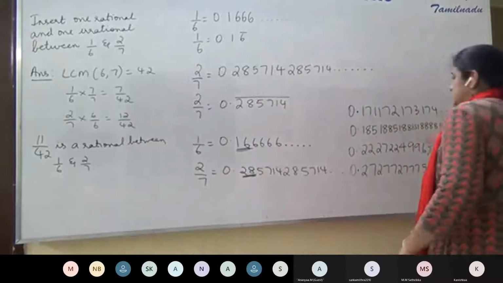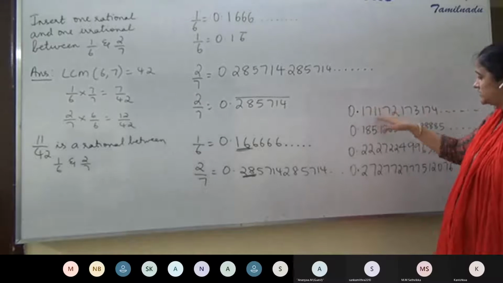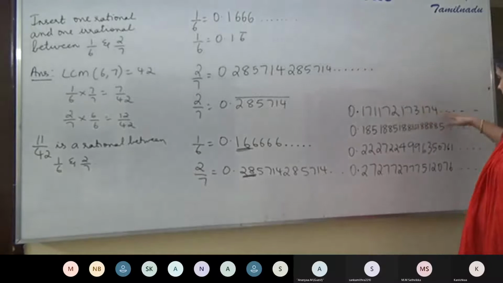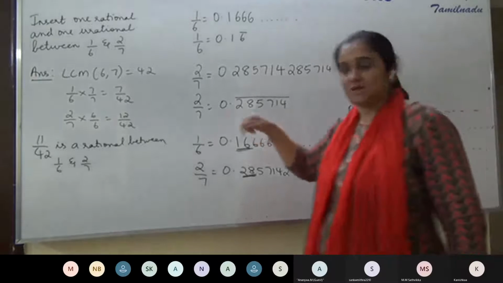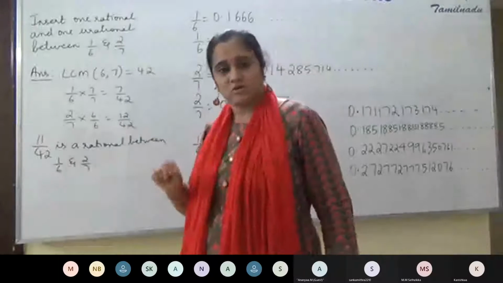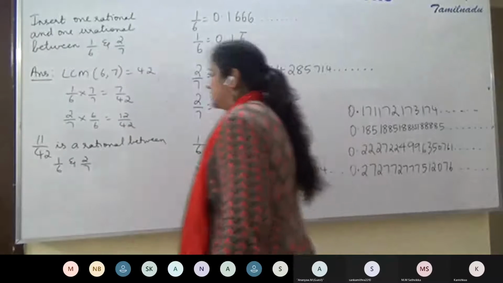Similarly here, you must write only one. If you choose to write this, you must write 0.171, 172, 173, 174 is one irrational between 1 by 6 and 2 by 7. You must complete it. I have not written it there. I want you to write it.